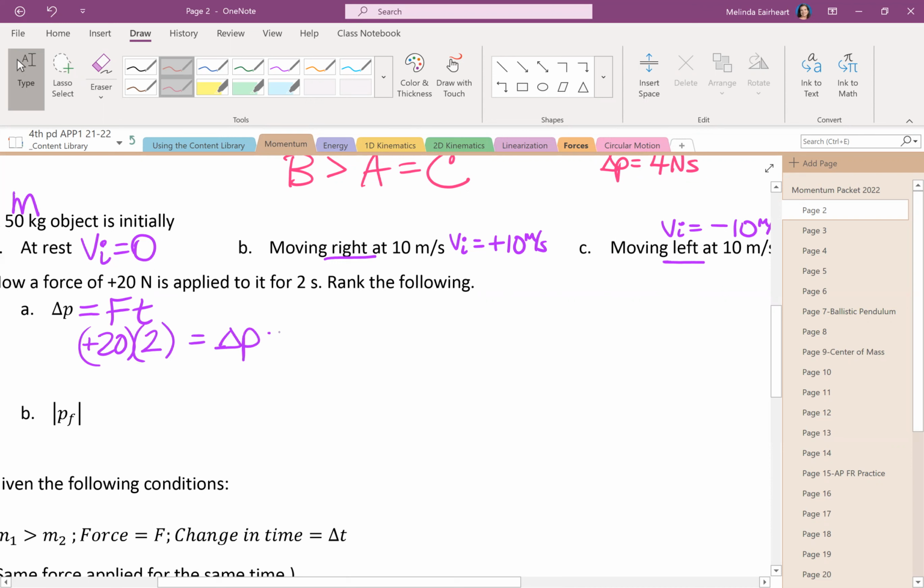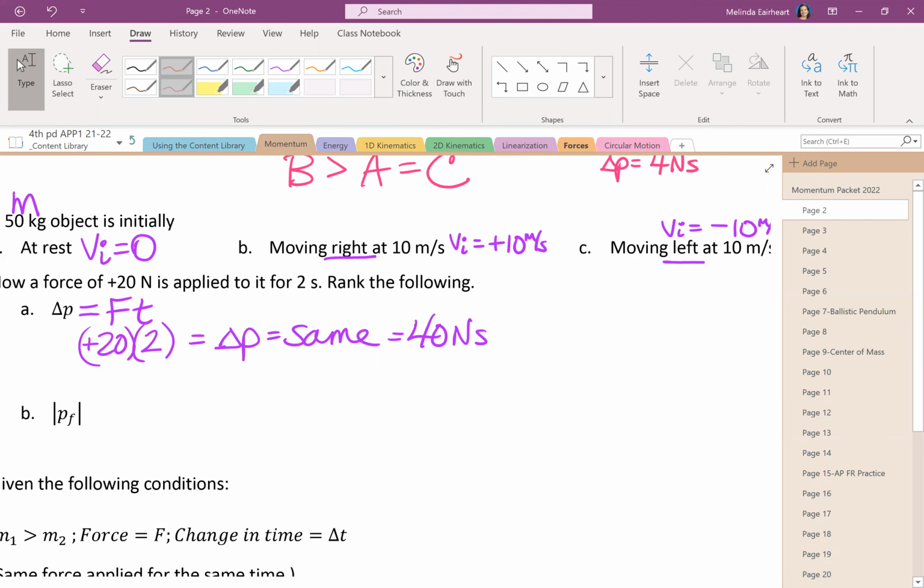Everybody gets the same 40 Newton second impulse. The impulse is the change. It's not what you were. It's not what you'll end with. It's the change. Okay? And now that we know the change, how can we solve for the final momentum?